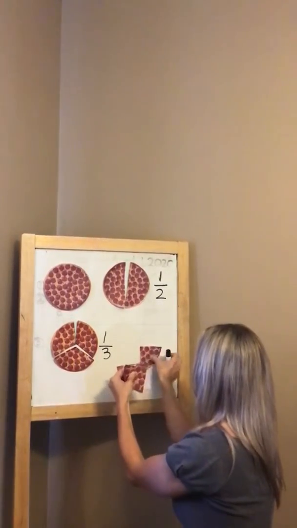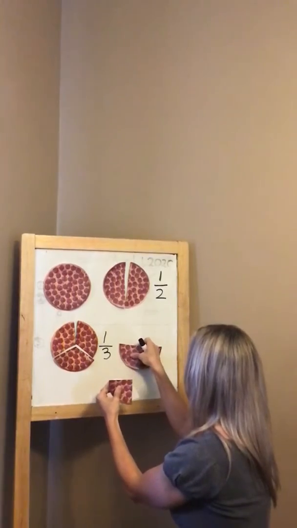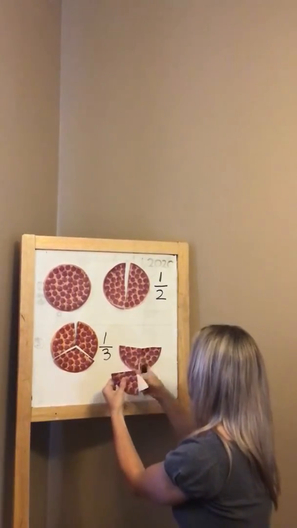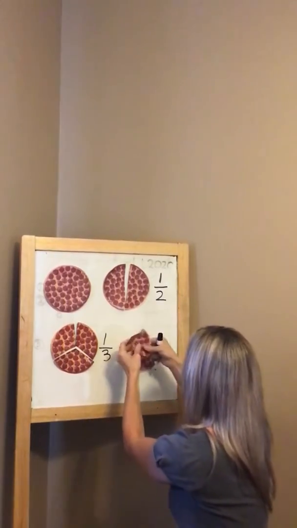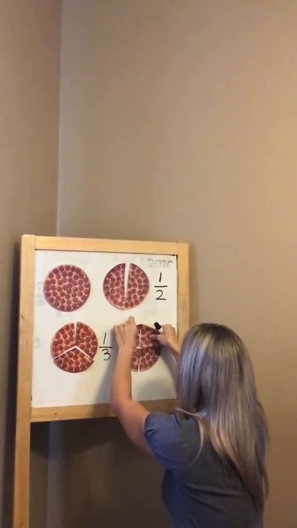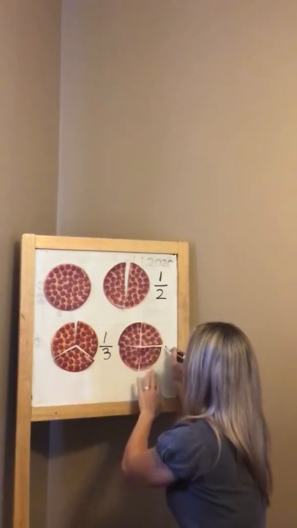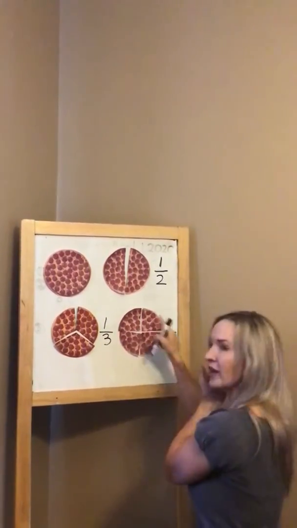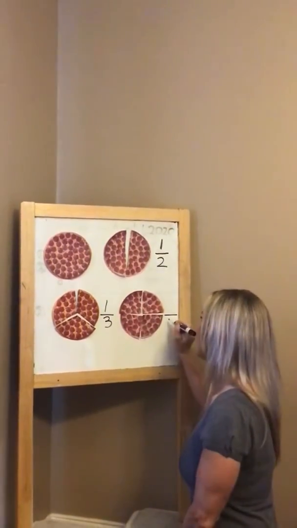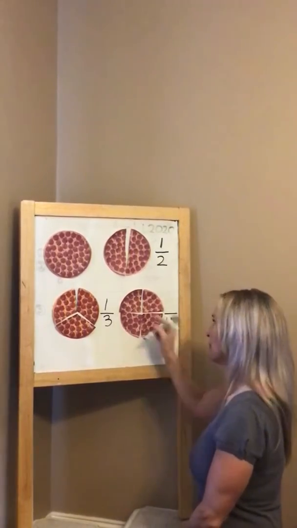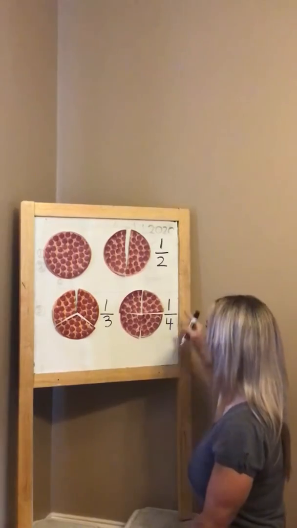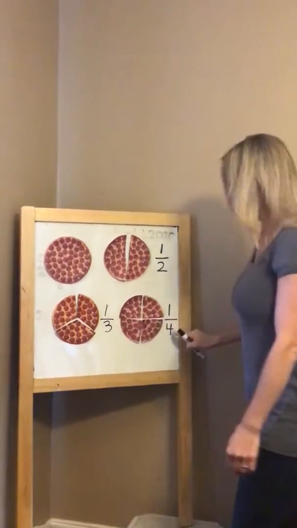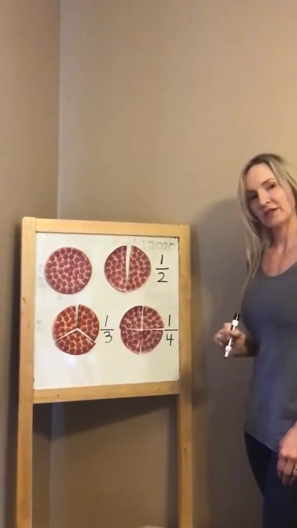Now, when I divide my pizza into fourths, how many pieces or parts do I have? Remember, that's the number that goes on bottom. What is my pizza divided into? 4 parts, or 4 pieces. Okay, each of my kids are getting 1 of the 4 parts, 1/4.